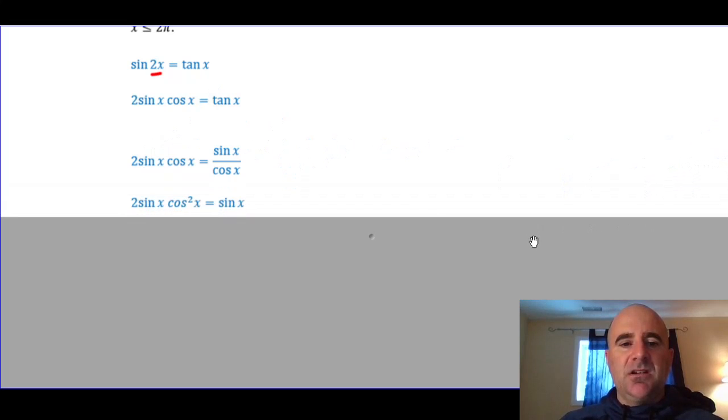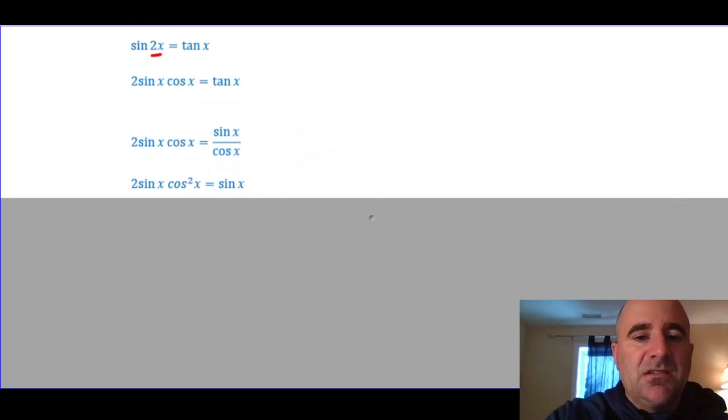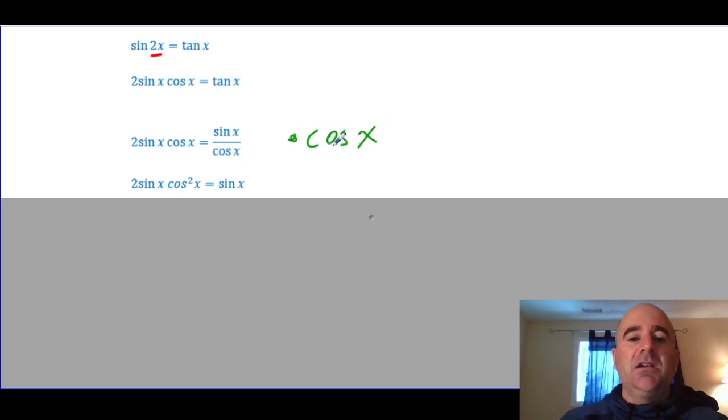Okay, the next thing I did here was I multiplied both sides of the equation by cosine to eliminate the rational expression on the right. So all I'm doing is multiplying the left and the right side of the equation by cosine. So the cosines cancel out on the right side. I'm left with a sine, but then of course I have this extra cosine here.